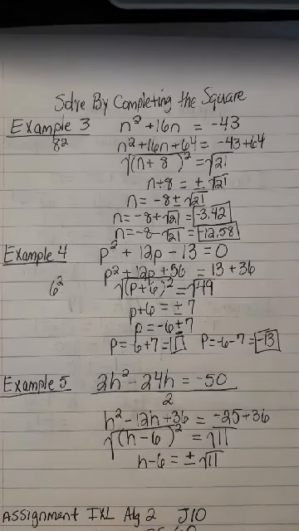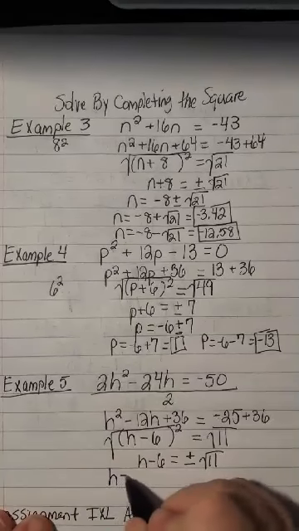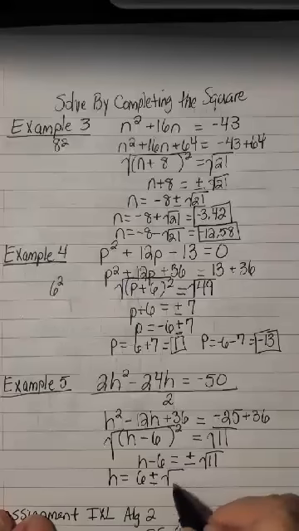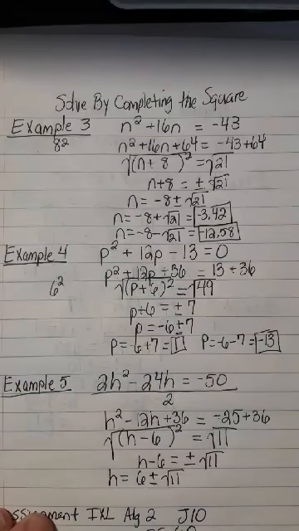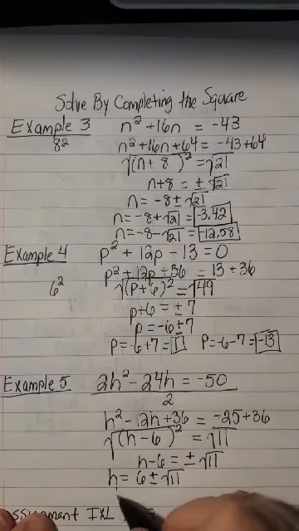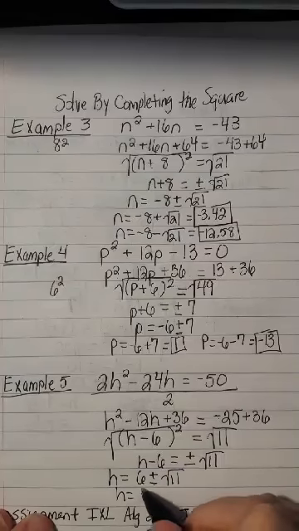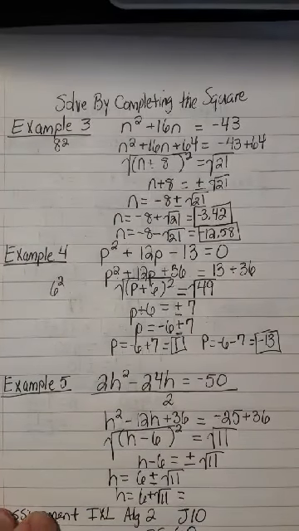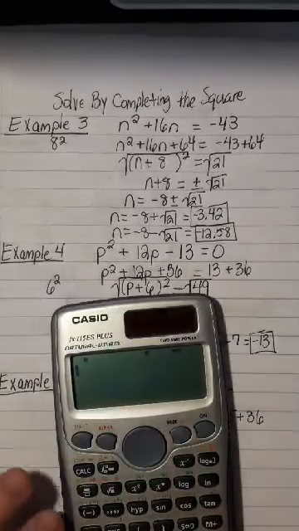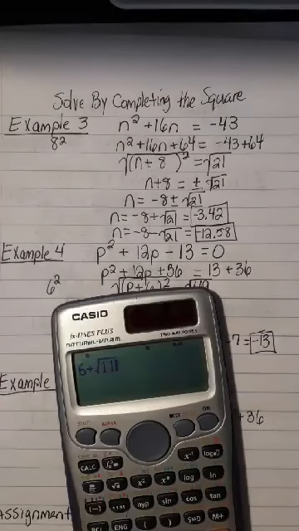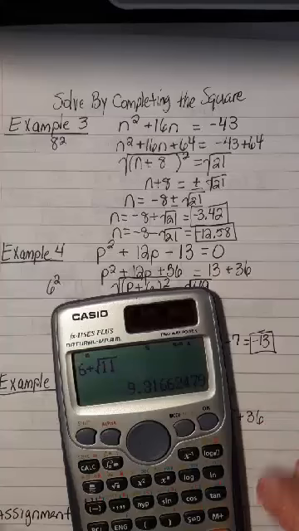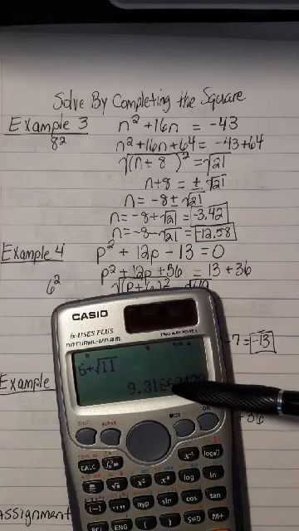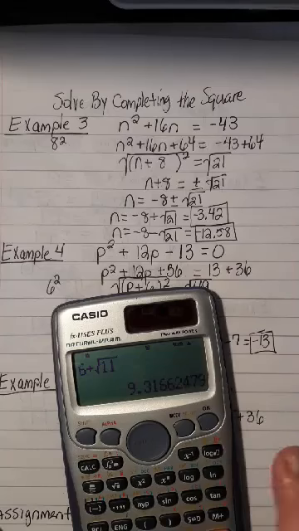Now add your 6 to the other side, and you get h equals 6 plus or minus the square root of 11. So you've got to do 6 plus the square root of 11. And let's see what that is using your calculator. 6 plus the square root of 11, and you get 9.32, and you round that up because of the 6, 9.32.